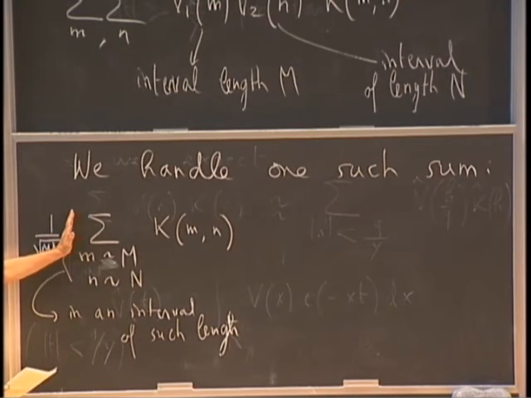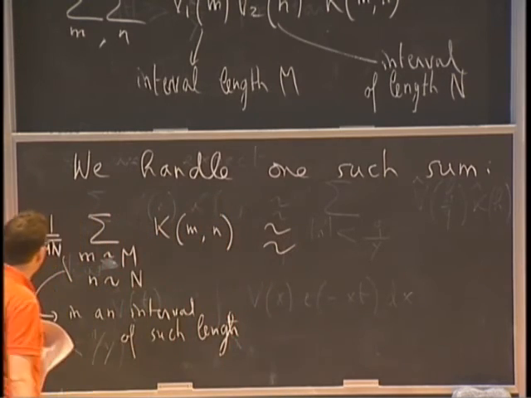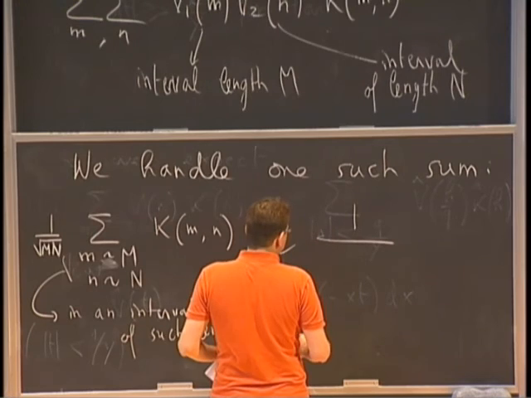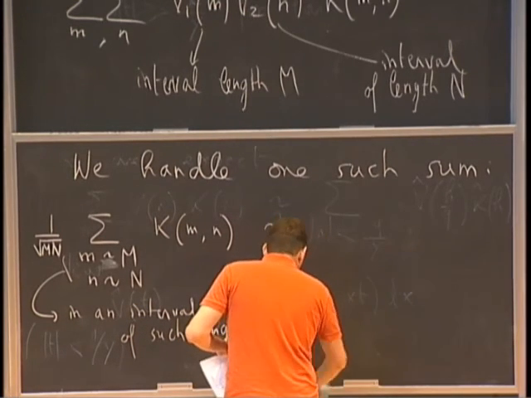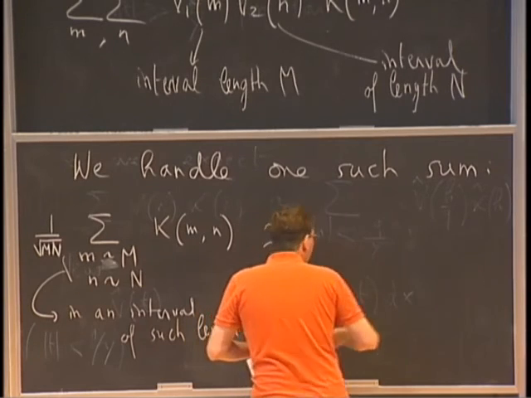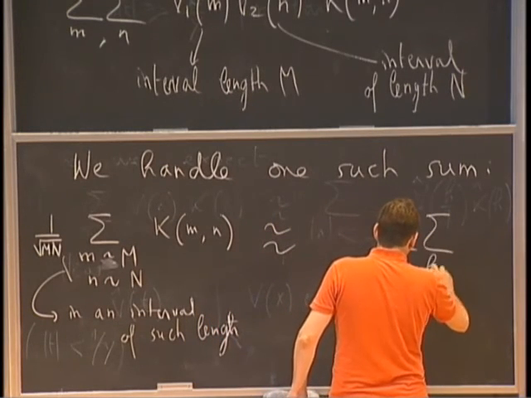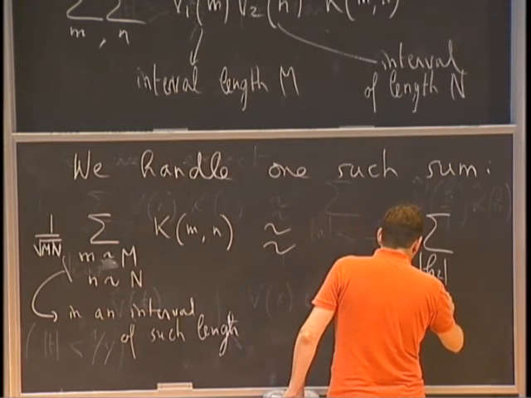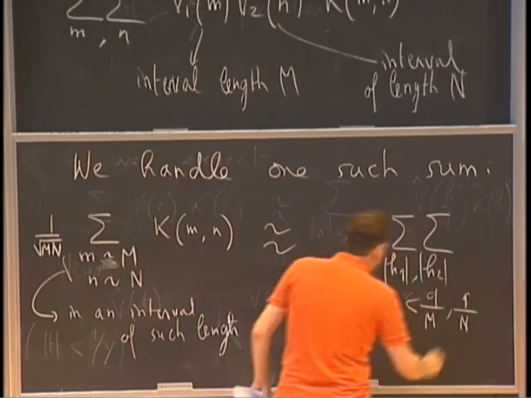So what we want is just this sum. I divide by square root of Mn for normalization. And we expect that this looks like 1 over. So I'll start with writing the sum and then putting in the length. So we're going to have h1 and h2. There's only two variables. Each in absolute value have to be less than, well, q over m, q over n respectively.